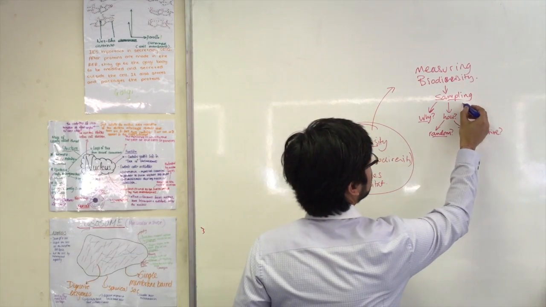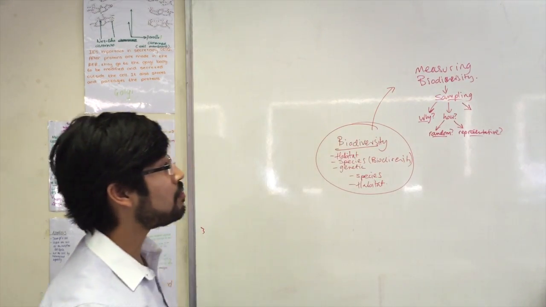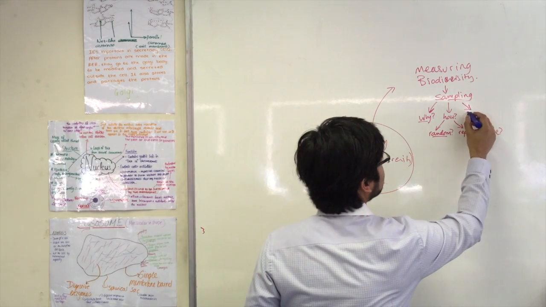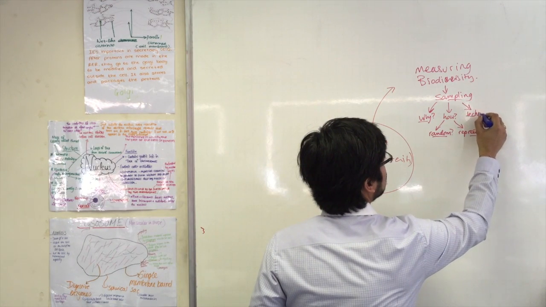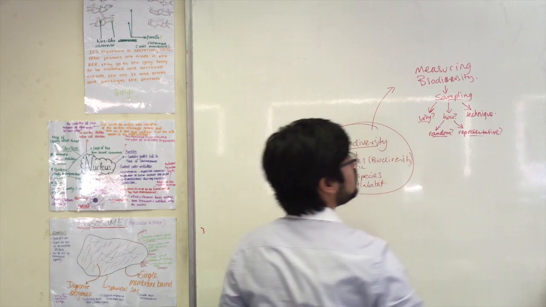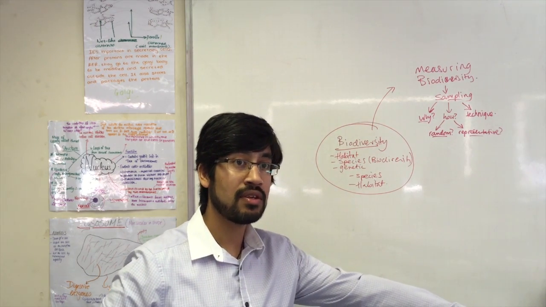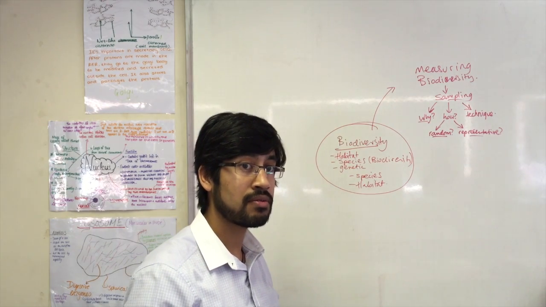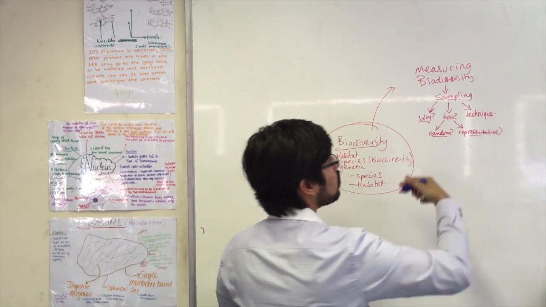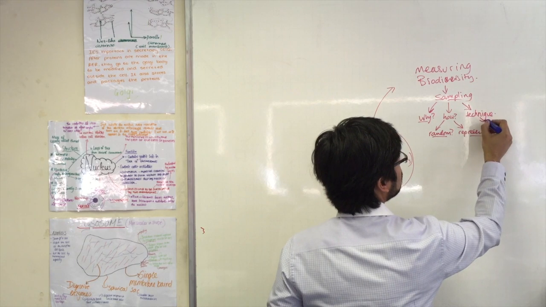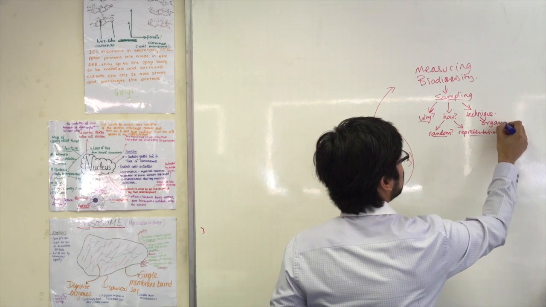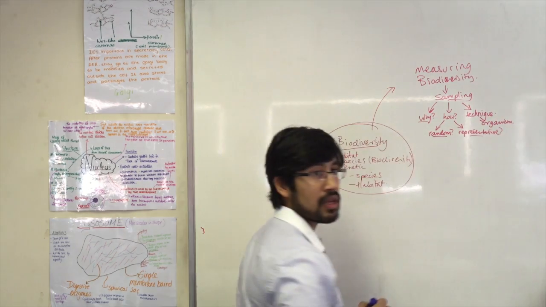And the third aspect of sampling is which techniques you are using. Are you using a quadrat? Are you using a transect? Are you using a fly trap? Yeah? And that all comes down to the organism that you are sampling.